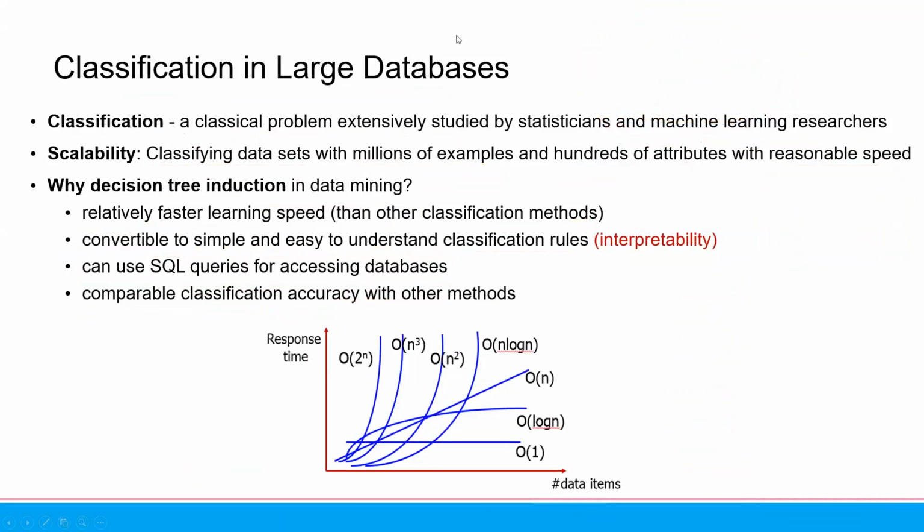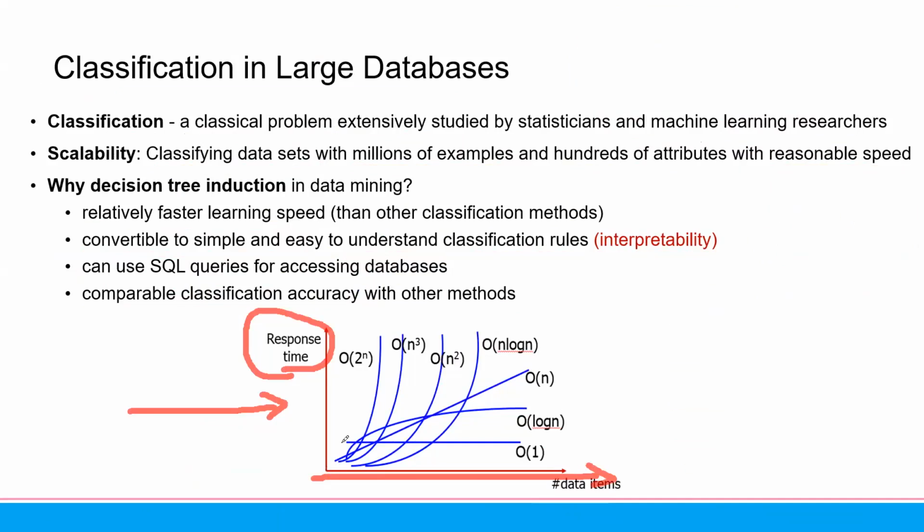If you learn about the algorithm, you will see this kind of graph. The decision tree induction is an algorithm with a reasonable response time. The response time means, if the number of data is bigger, what is the execution time?